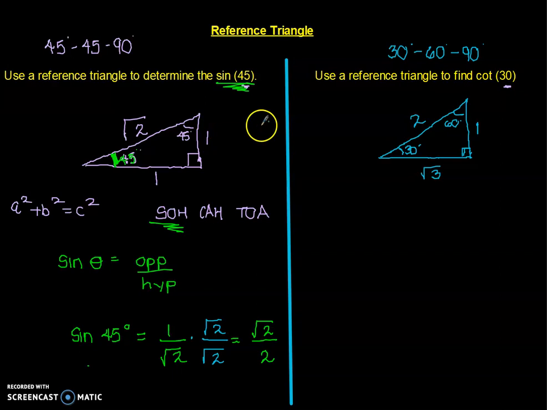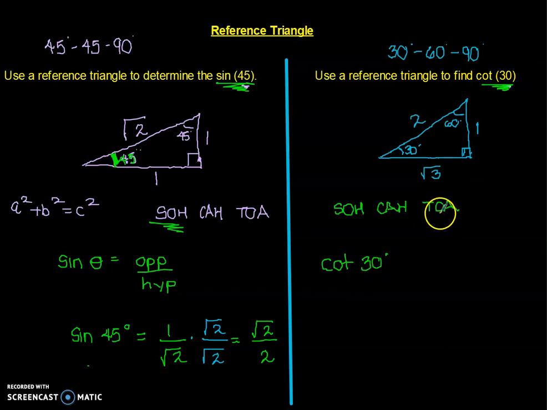And then from here, remember that you're given sides and angles, and you're asked to find the cotangent of 30 degrees. So we're going to use SOHCAHTOA when we're given angles and sides. So using SOHCAHTOA, we have tangent, which is the one related to cotangent, because they're reciprocals.